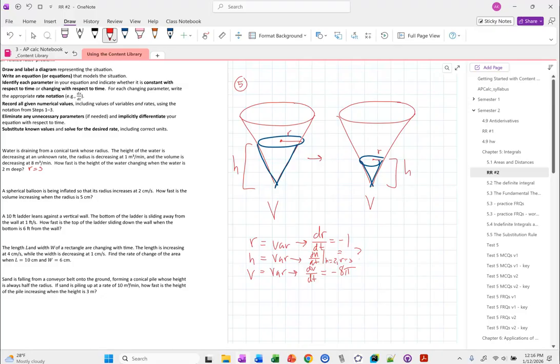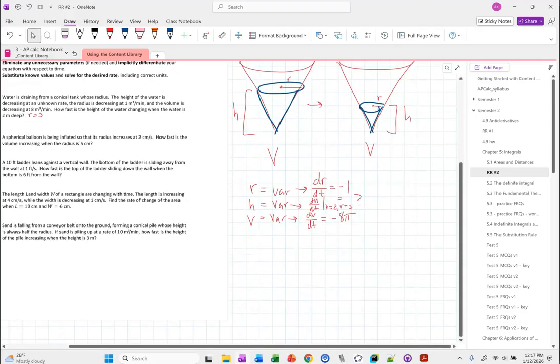Feel good so far? So I know all but one of my rate variables, so I know that no elimination of variable is necessary here, right? Because I'm given everything that I need. So far, so good.